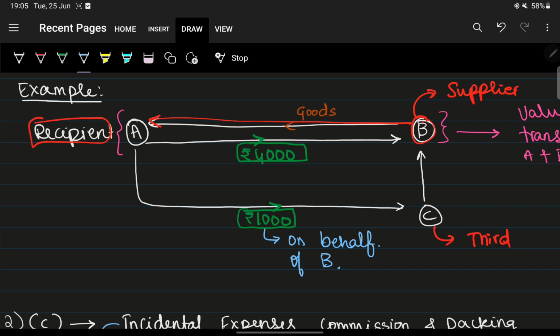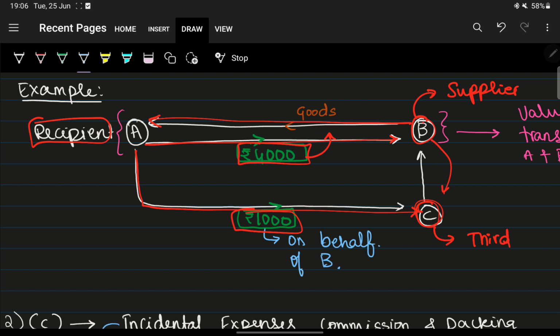Now B tells A to make a payment of transportation charges to C. So here A makes payment to B of 4000 rupees for these goods, and for the transportation A will pay C 1000 rupees. This payment to C should have been made by B, but he is asking A to pay.